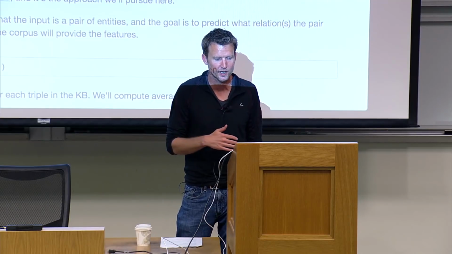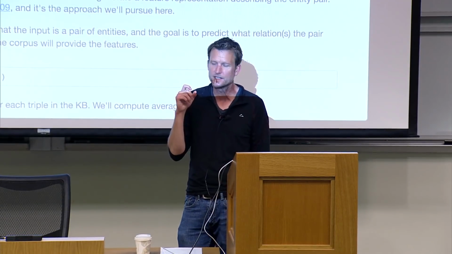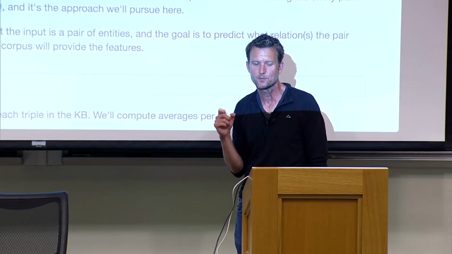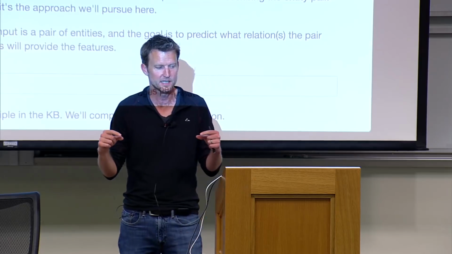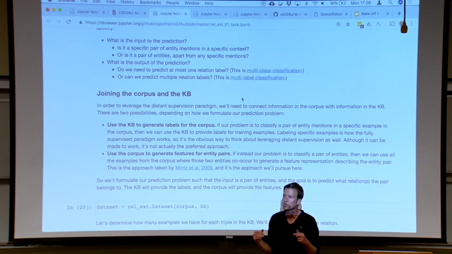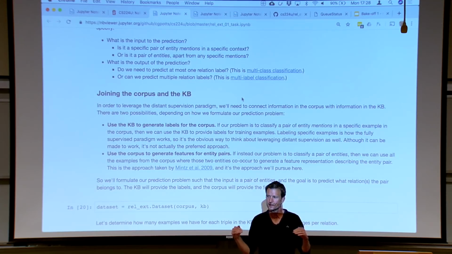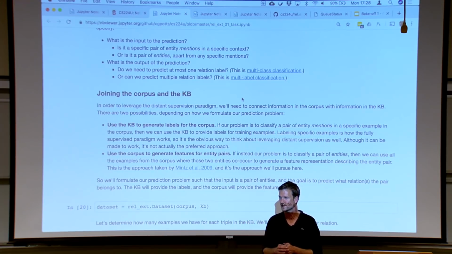Instead, we're going to define our problem as the problem of classifying not a pair of entity mentions, but a pair of entities. And we're going to use all of the examples from the corpus where those two entities co-occur to generate the feature representation for that classification problem.